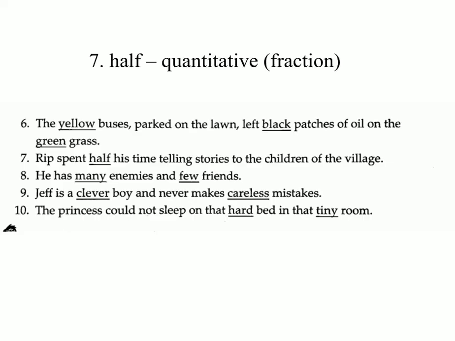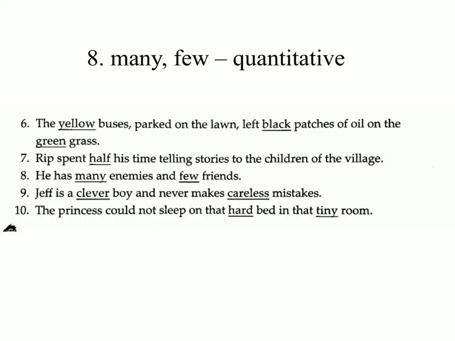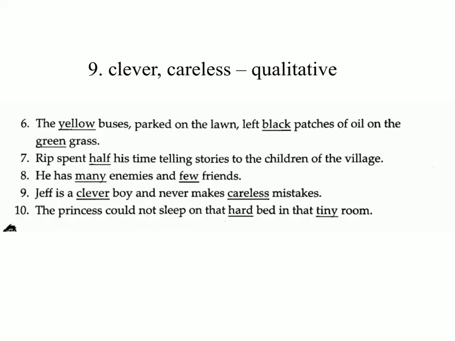Answer: half, quantitative, fraction. 8. He has many enemies and few friends. Answer: many, few, quantitative. 9. Jeff is a clever boy and never makes careless mistakes. Answer: clever, careless, qualitative. 10. The princess could not sleep on that hard bed in that tiny room. Answer: hard, qualitative.